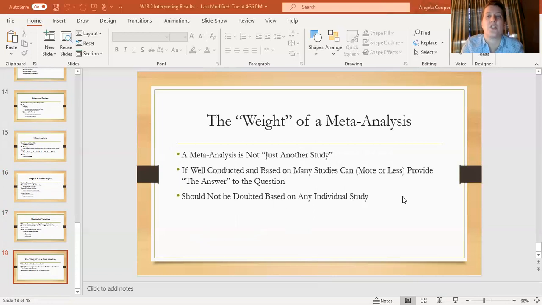So it's literally not just another study. It is like another 1,000 studies or what have you. So if it is well conducted, if you make sure that you're doing your statistical analysis properly, you're keeping it consistent, you're being vigilant in conducting a meta-analysis, it can provide the answer to your research question.